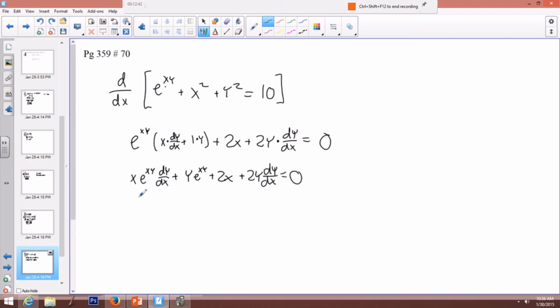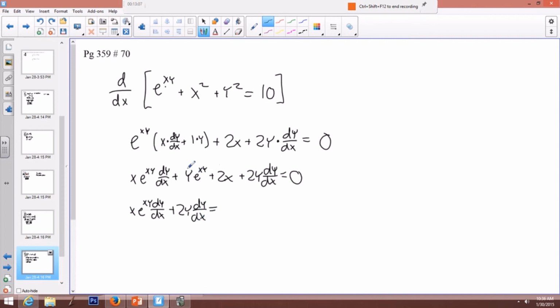So now I see 1, 2, 3, 4 terms. 2 of them have dy over dx, so I'm going to leave those on the left-hand side. And then I'm going to move the other 2 to the other side. So on the left-hand side, I'm left with x e to the xy dy over dx plus 2y dy over dx.